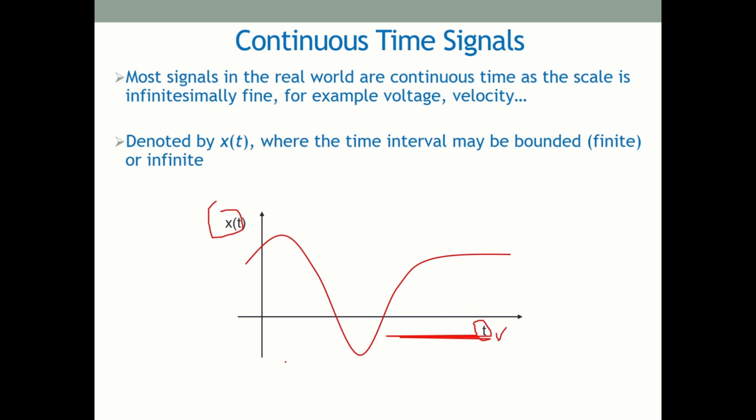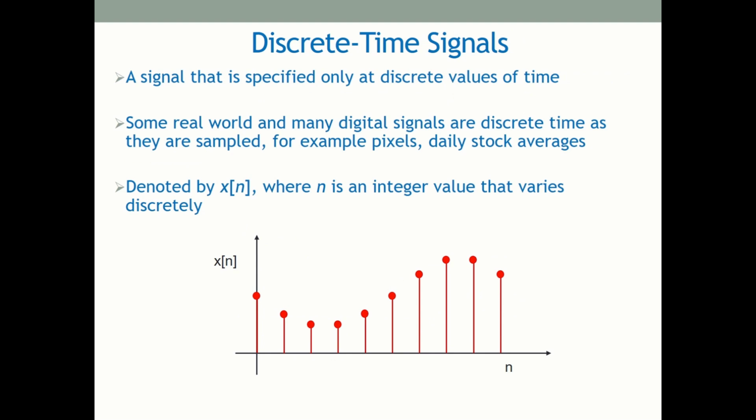If the time axis has infinite values, this is called a continuous time signal. What do we mean by infinite values? For example, between two points we can have 1.1, the next value can be 1.01, and 1.001 and so on. So we will have infinite values between any two points, and such type of signals are called continuous time signals.